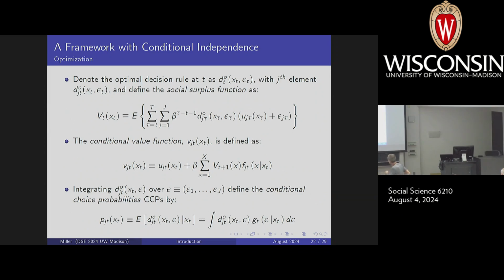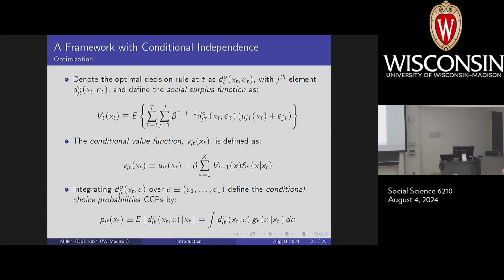So in this kind of context, we again define the social surplus function. At the beginning of time t, we see the x's. We haven't yet seen the epsilons.